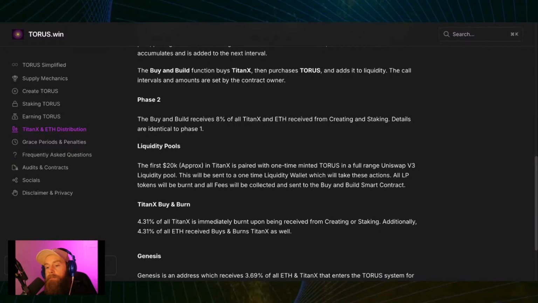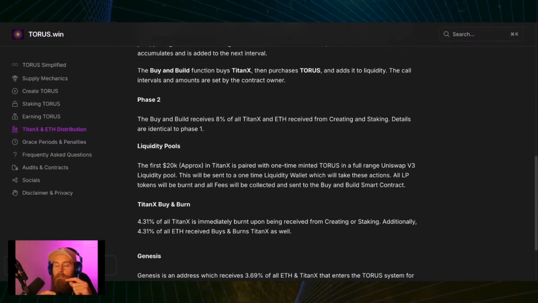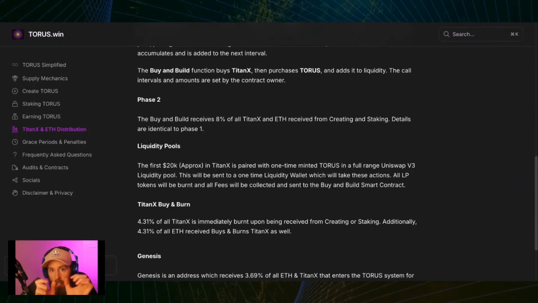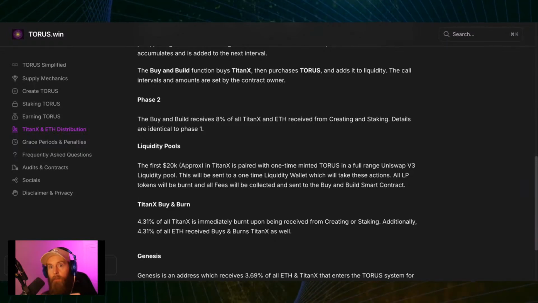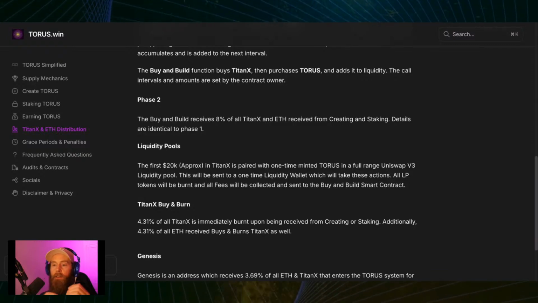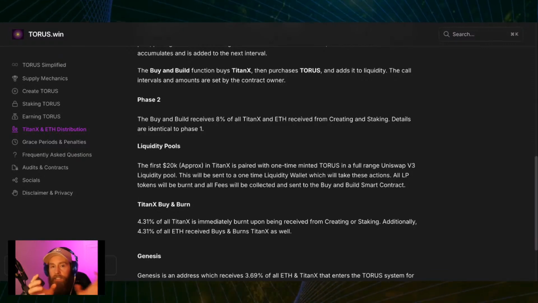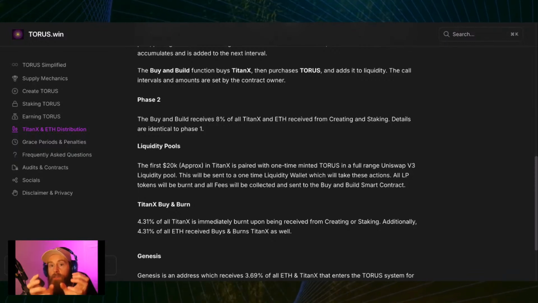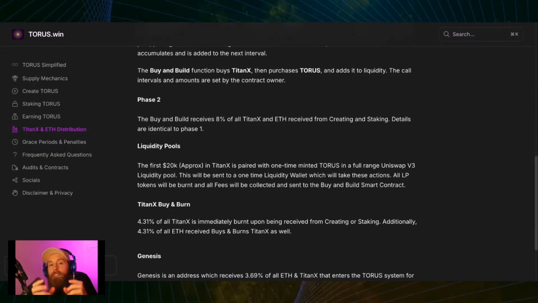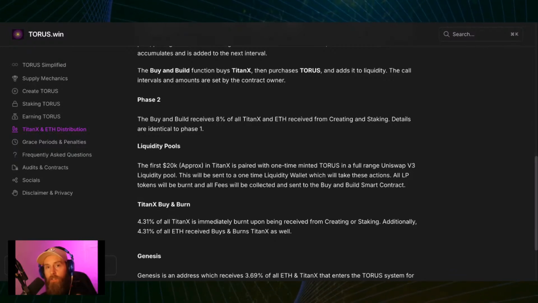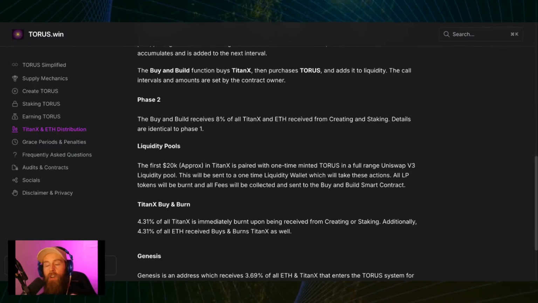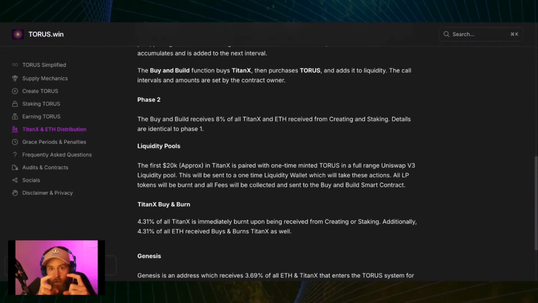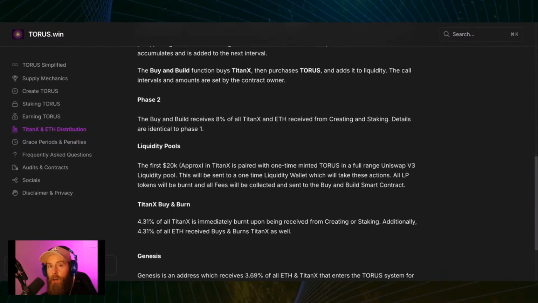Well, this could mean that because TORUS and Titan X have a ratio that they work around in order for the system to operate in its creation mode or its staking mode, then if PLSX is linked via liquidity, PLSX acts like an anchor to the price. And so what it will do is it will actually drag down TORUS while Titan X is going up. And what this does is it actually pulls TORUS into a staking mode, and it knocks it out of its ratio, that zone that it's supposed to have with Titan X when it's operating properly.